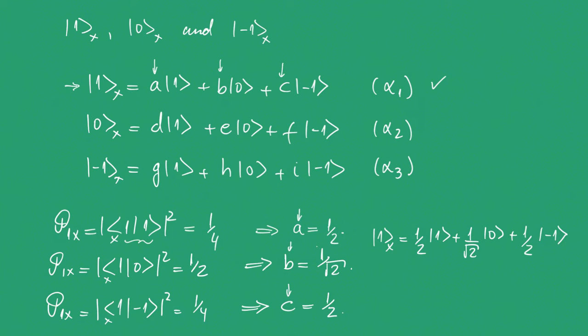Now, similarly, I work on the expression alpha 2 using the probabilities involved with the ket 0 subscript x found before, and the same for the expression alpha 3 using the probabilities which are involved with this quantum state ket minus 1 subscript x.